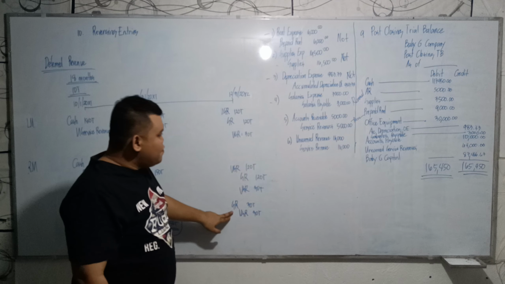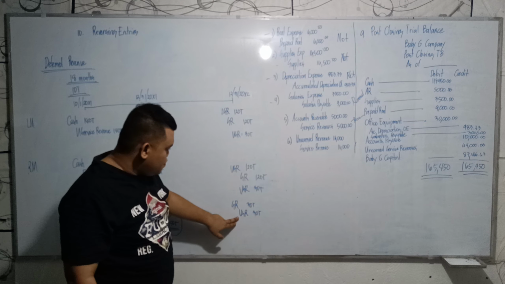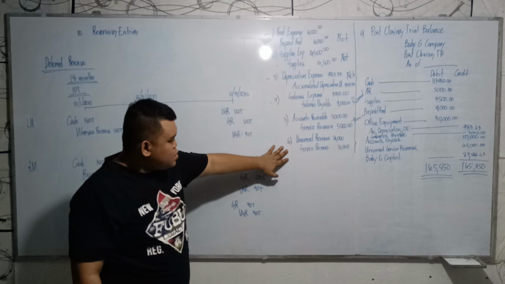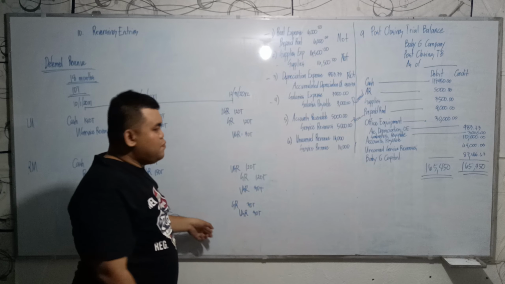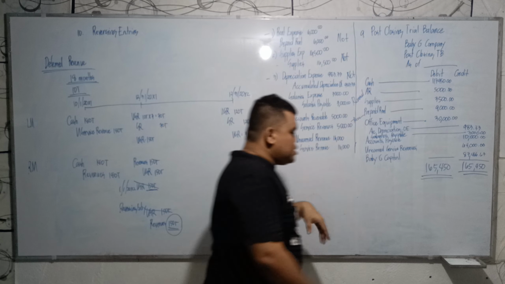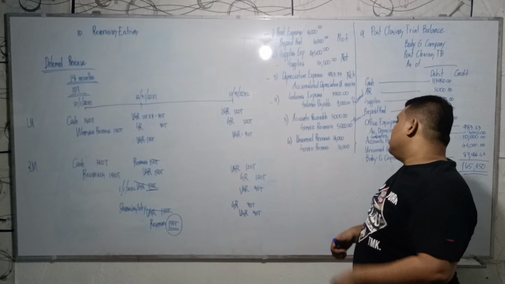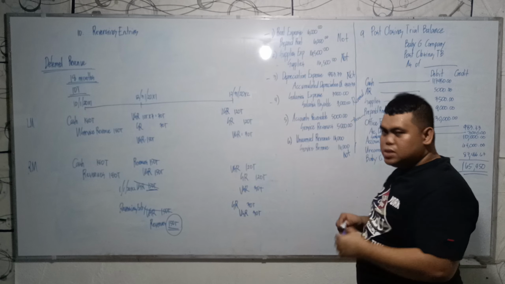This should be the entry if ever that is a revenue method. Service revenue debit, unearned service revenue credit. So it should be reversed. If this is reversed, then the company is using revenue method. But in our case, if you remembered our comprehensive problem, we did not use the revenue method. So not to be reversed.